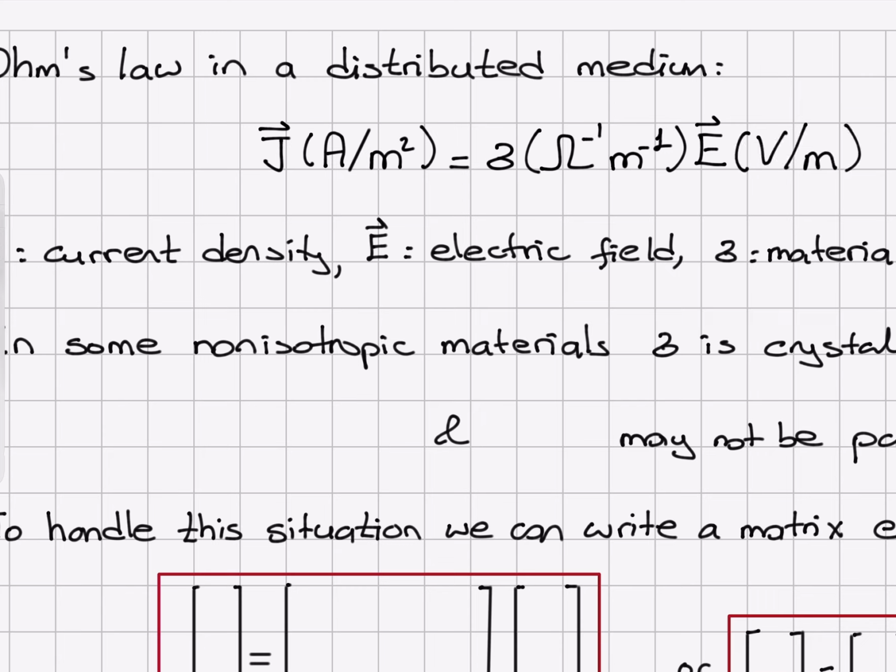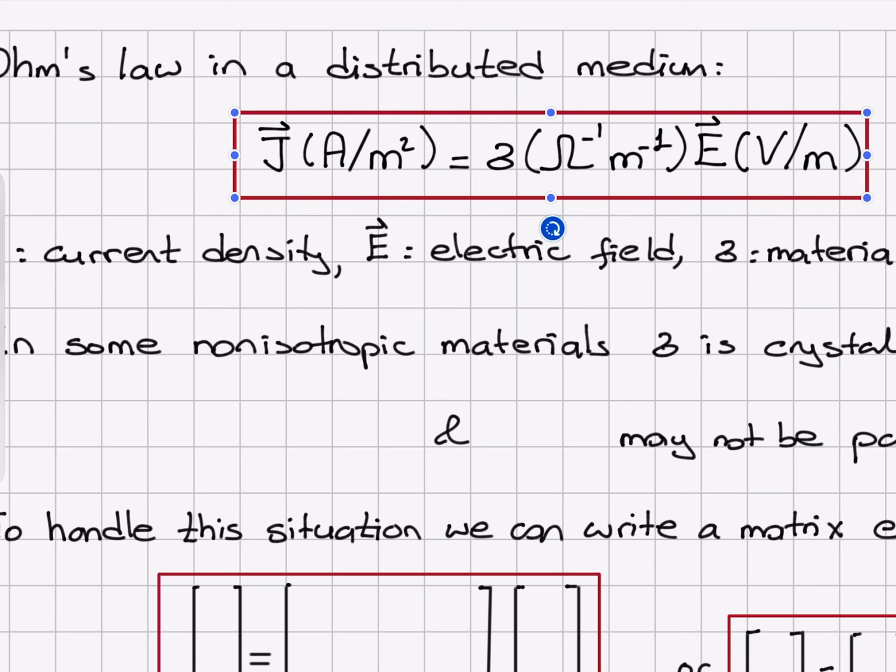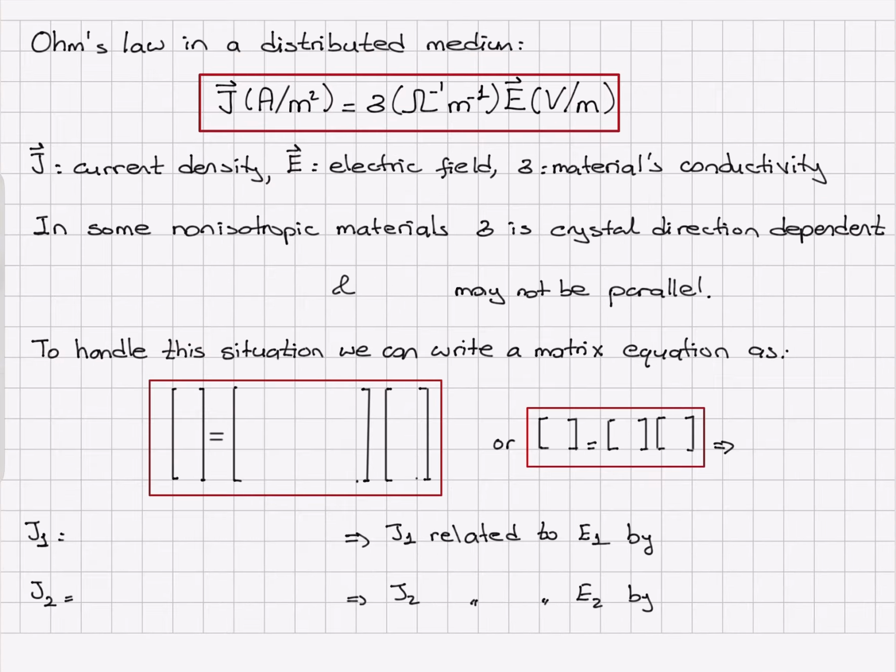So this is our distributed medium Ohm's law. So J is current density, E is electric field, sigma is the material's conductivity.